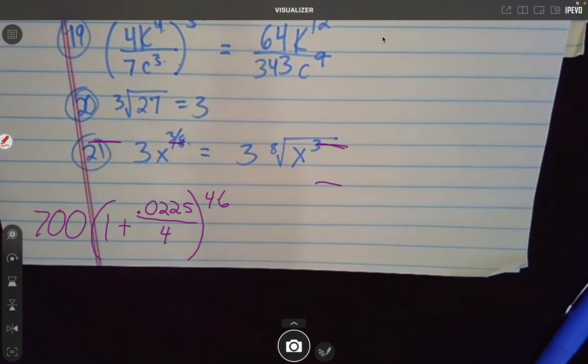I did say 11. 12, 13, 14. I didn't put that one on there.